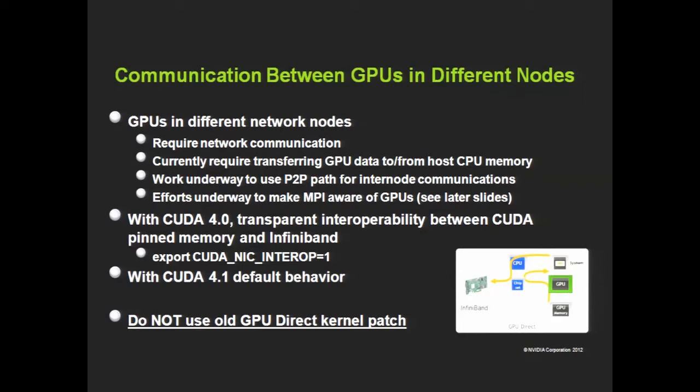So you create a handle to a GPU device memory segment, which can be exported to another process within a node, and you can then use the peer-to-peer protocol between these processes in order to exchange data between the GPUs.